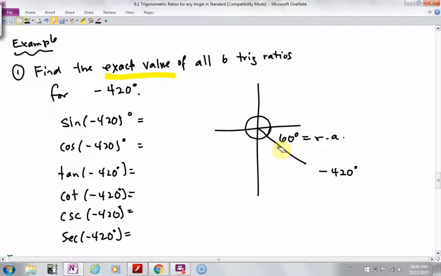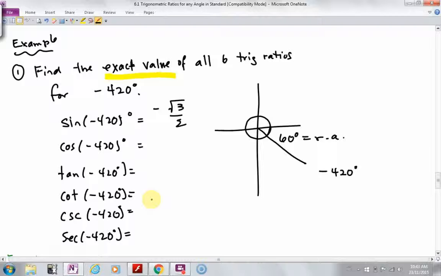Okay? So let us think about 60 degrees. The sine of 60 degrees, thinking back to our special triangle, is root 3 over 2. So the sine of negative 420 is root 3 over 2. Only in the fourth quadrant sine is negative. So we'll have negative root 3 over 2.